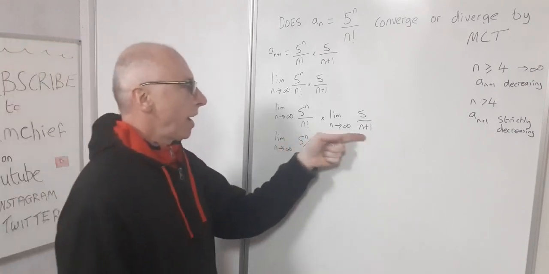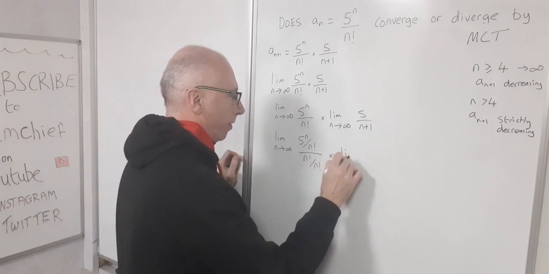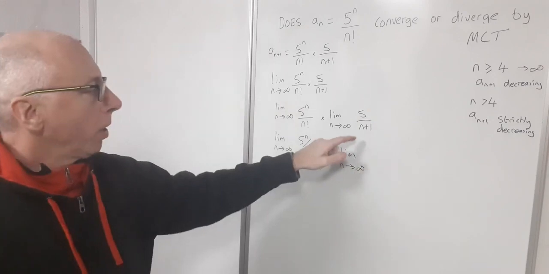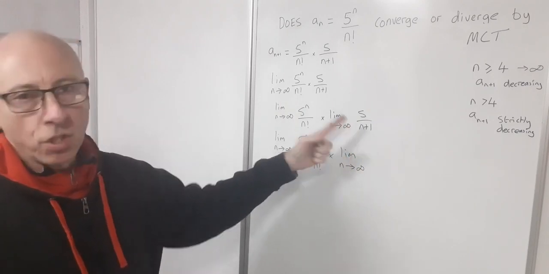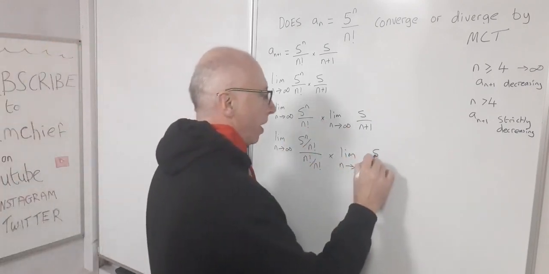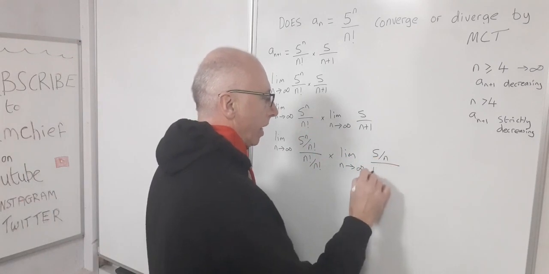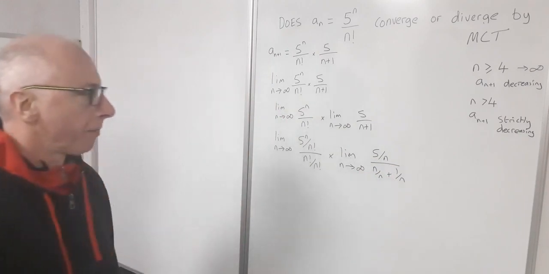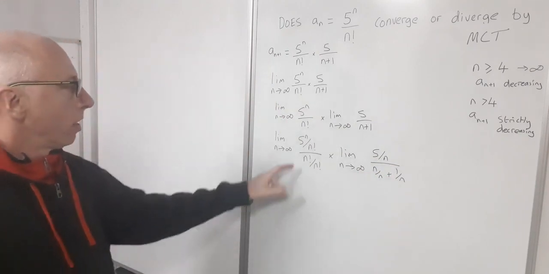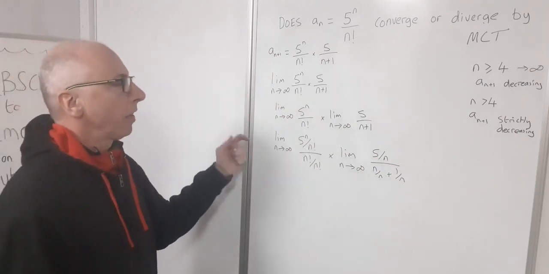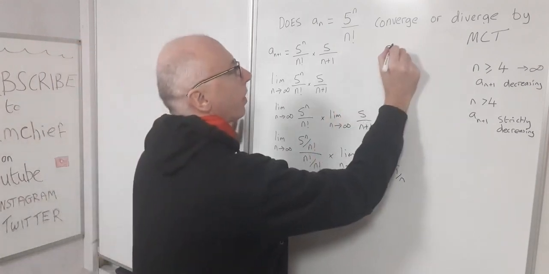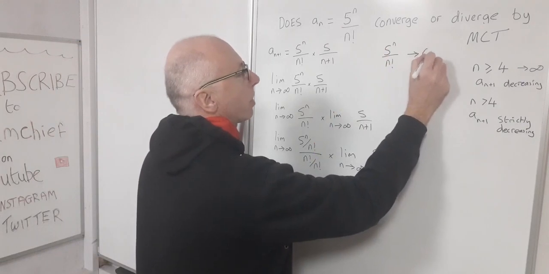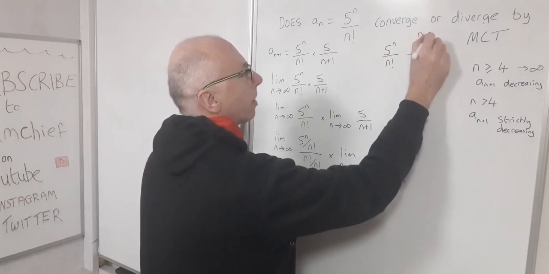Now, 5 to the n over n factorial approaches 0 as n approaches infinity.